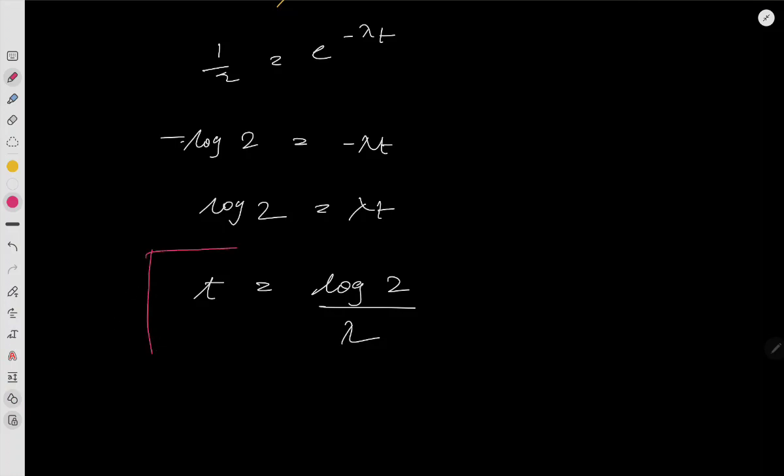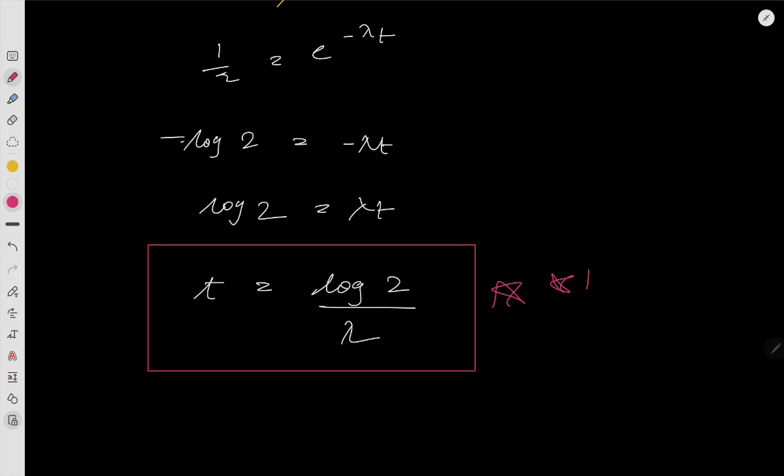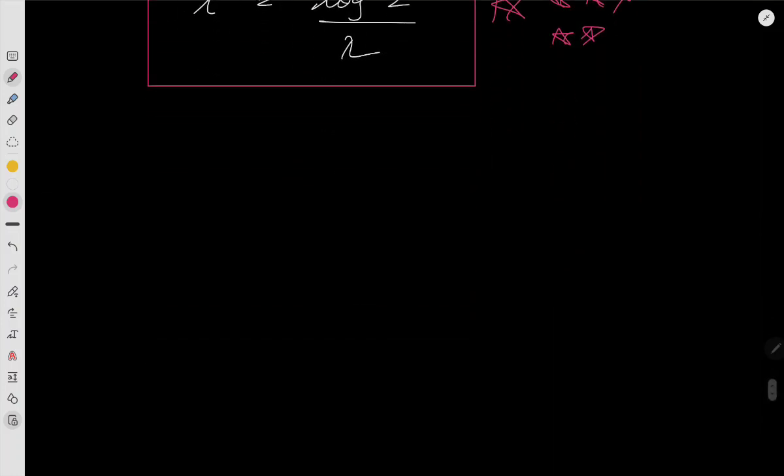This is another very important formula in this chapter. I've seen various questions of this type. Then how are we defining lambda? We are defining lambda as the reciprocal of time.